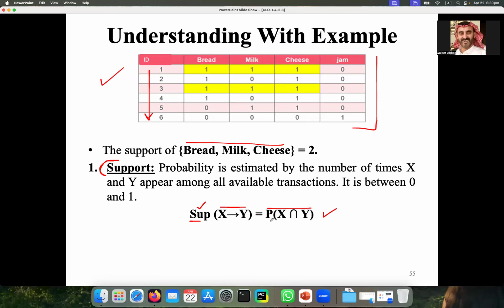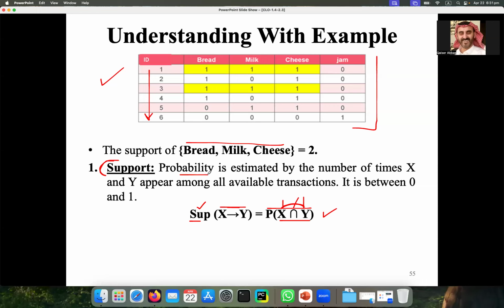The right hand side says the probability of x intersection y. Intersection means and. So what is the probability that x and y were bought together in the data set? You have to calculate that probability.